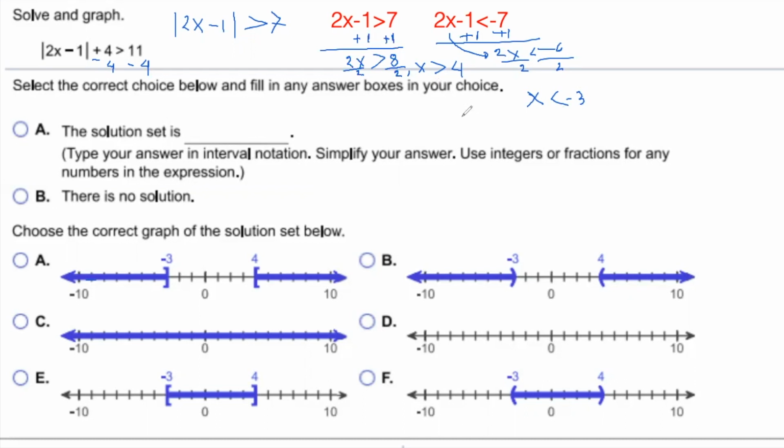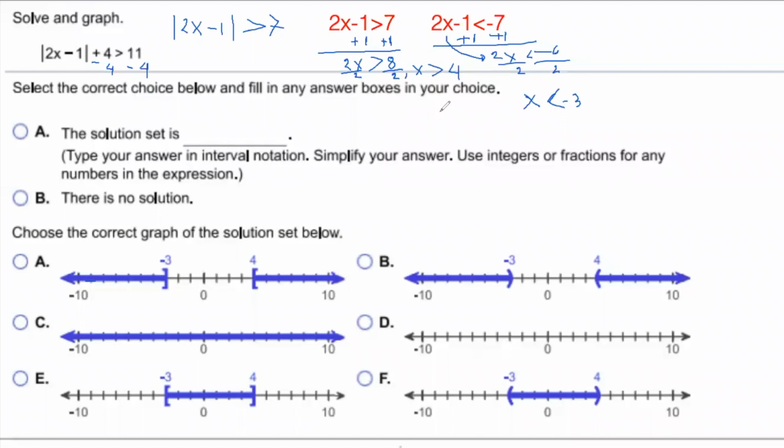So we have to write it in interval notation. More than 4 means it can go to infinity. If we look at the solution set, x is more than 4 means 4 to infinity, and x is less than negative 3 means the x value can be any number less than negative 3. So it will be negative infinity to negative 3.